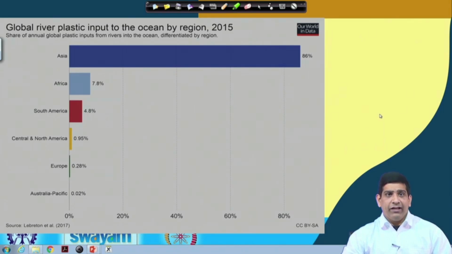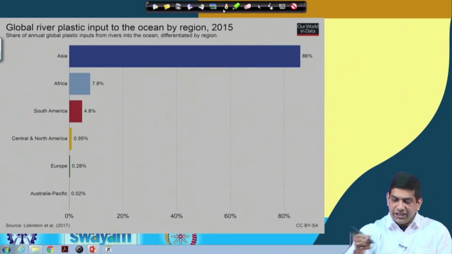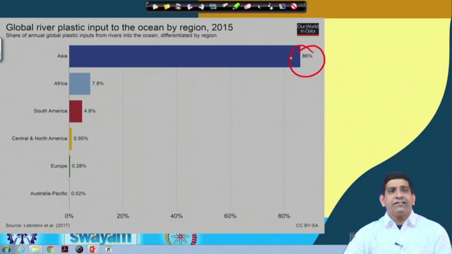We have a huge population in Asia, and in most of the countries the waste management practices are still evolving. That's the reason why we see a lot of plastic getting into the ocean from these Asian countries. 86%, that's a lot of plastic.